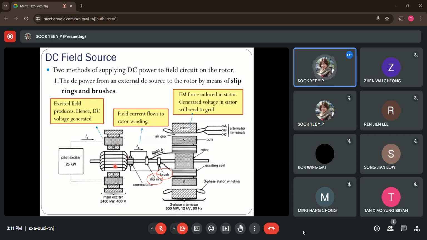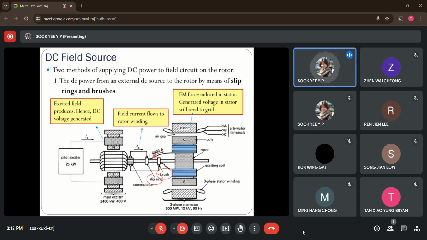These main exciters will produce the excitation fields. The DC voltage will be generated at these main exciters, and this DC voltage will produce the current we call the field current. This field current is sent into the rotor winding through the slip ring as well as the brushes.